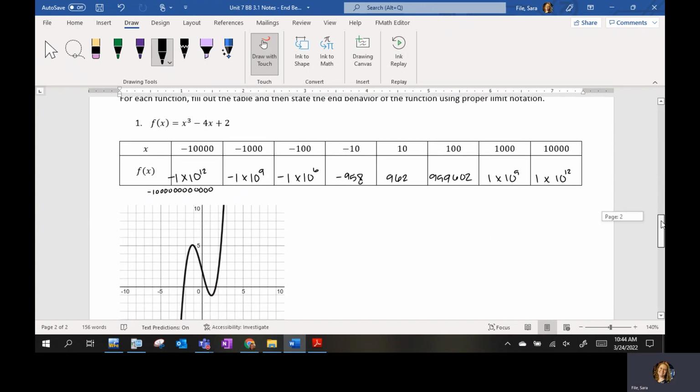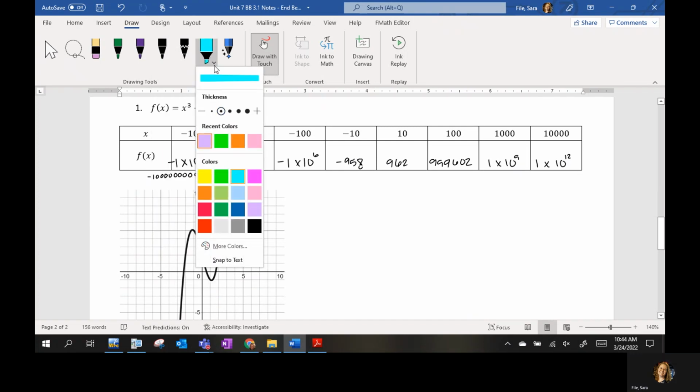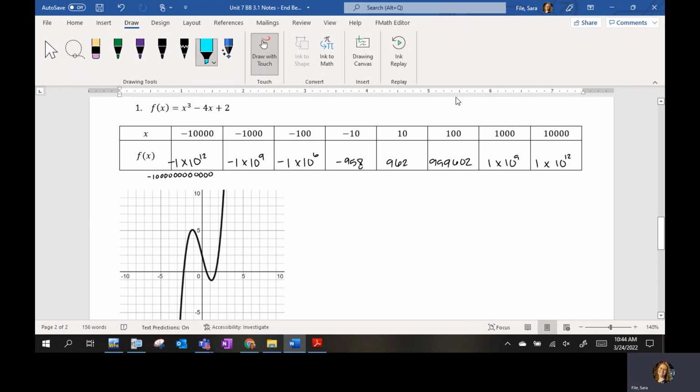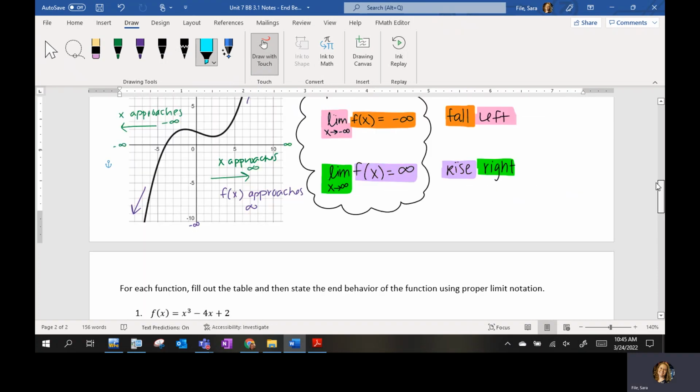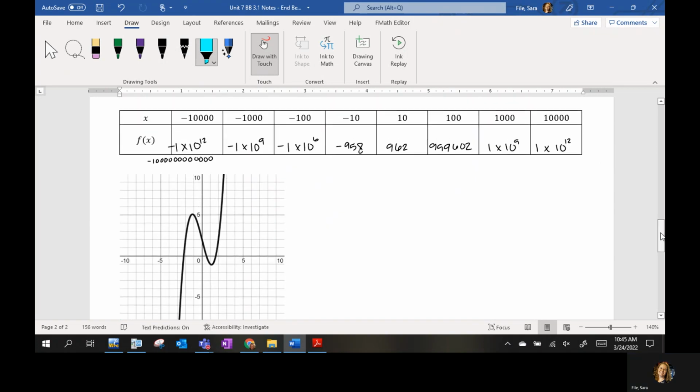Does that match our graph? Let's see. I already forgot. Was blue left or right? I was using blue for left. Yeah. Okay. So as x gets really, really small, that's over here. Is it going down? Does that f of x values match what the graph is showing?